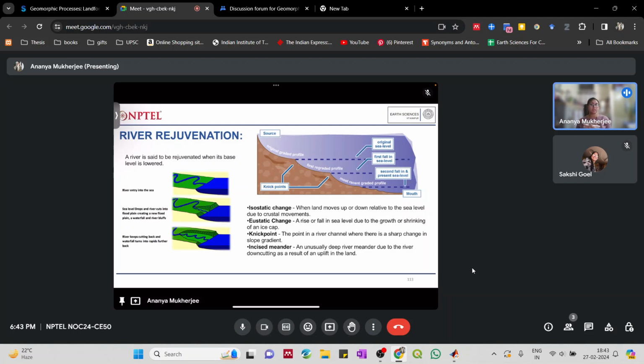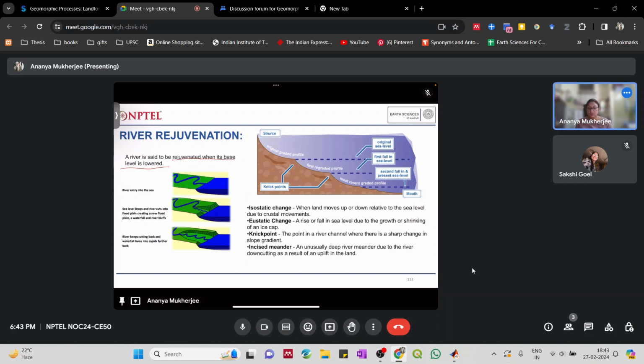When we say river rejuvenation is happening, it can erode more, and this can be due to changes in elevation again, uplift, or a subsidence that is happening. So a river is rejuvenated when its base level is lowered. So it is rejuvenated as it has now got more energy, or in layman's terms it has got more energy to erode more.